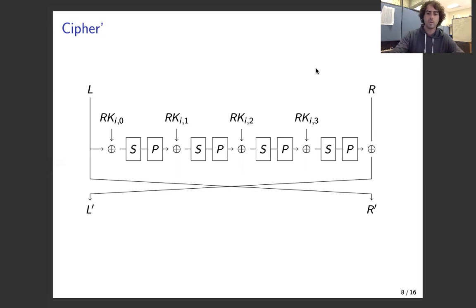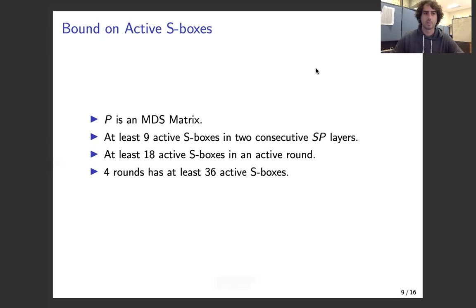Now, to compute the number of active S-boxes, we take a slightly different approach than for the first cipher, because it's easier here to do. We know that P is an MDS matrix, and we also know that if we have 2 consecutive SP layers, we need to have at least 9 active S-boxes if the input to the SP layers is of course active. Since we have 4 consecutive SP layers, we will need at least 18 active S-boxes in one active round.